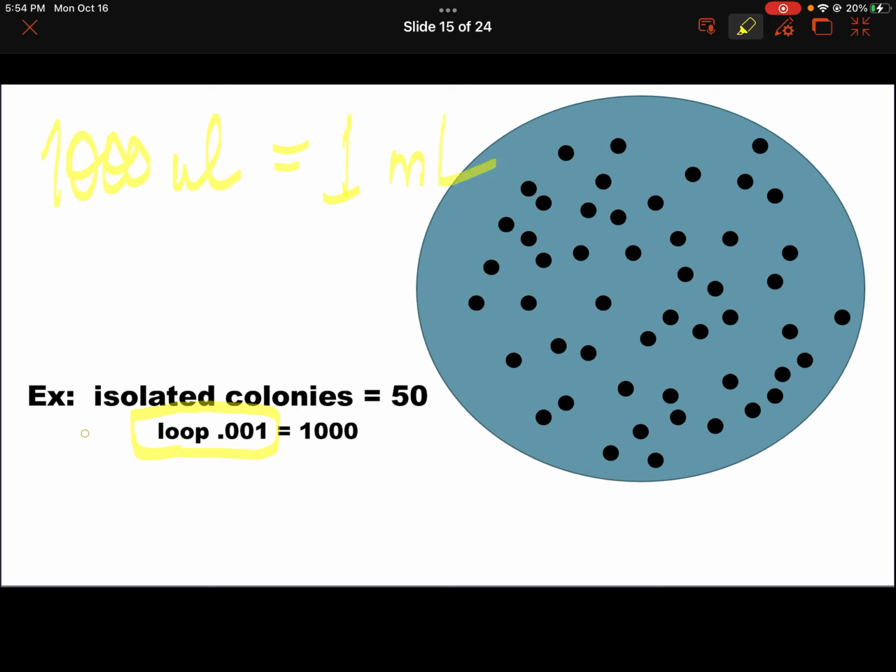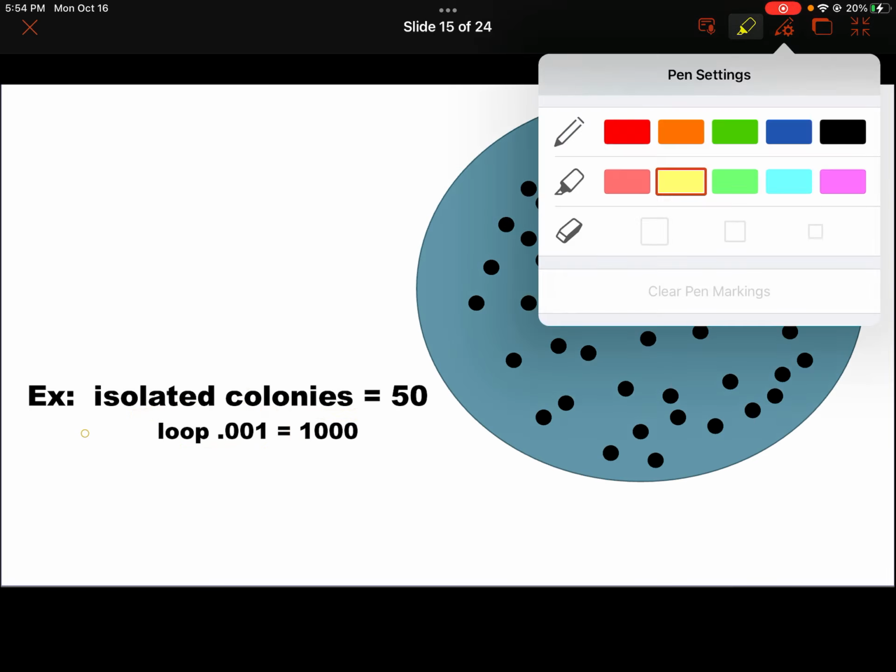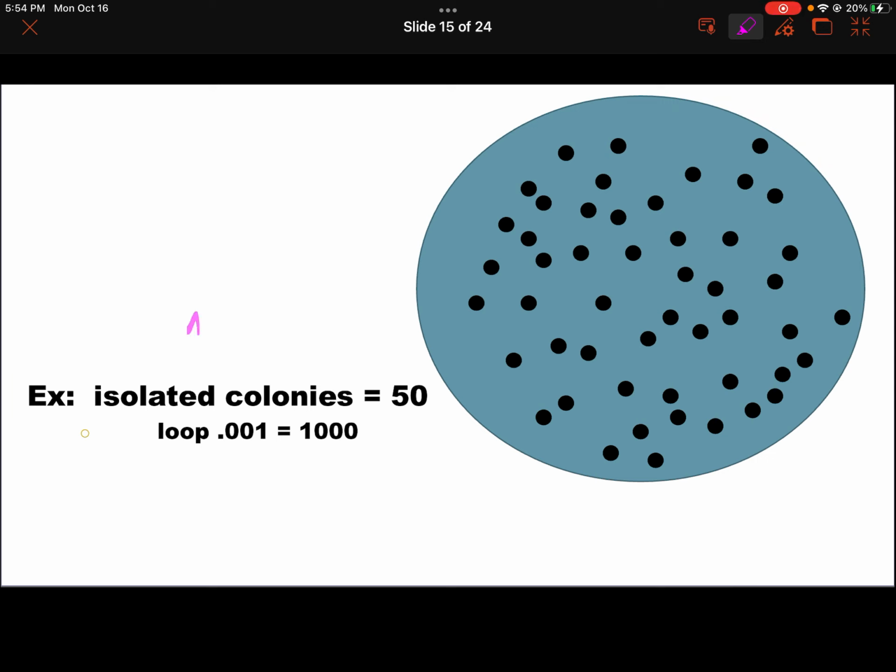So that's why the 0.001 ml is equivalent to a conversion factor of 1,000. You use the 1,000 conversion factor because 0.001 ml is equivalent to 1 UL. So if you counted 50 colonies and you use 1 UL of loop, you have to multiply the colony count with the factor which is 1,000.